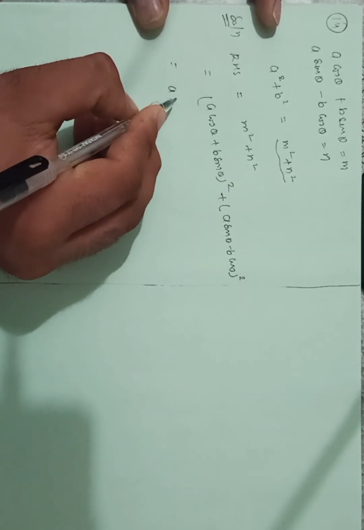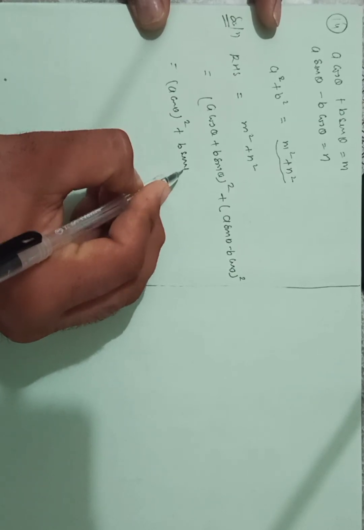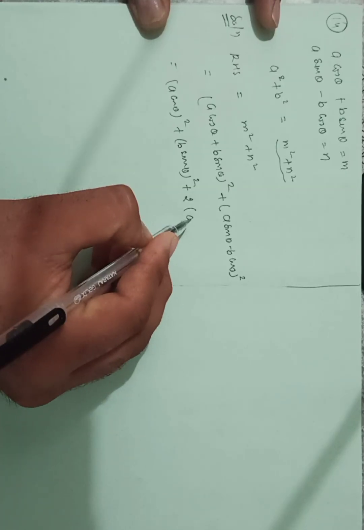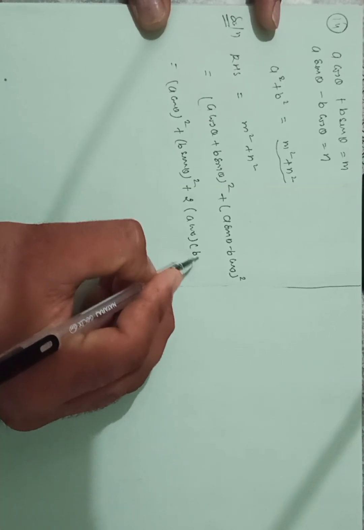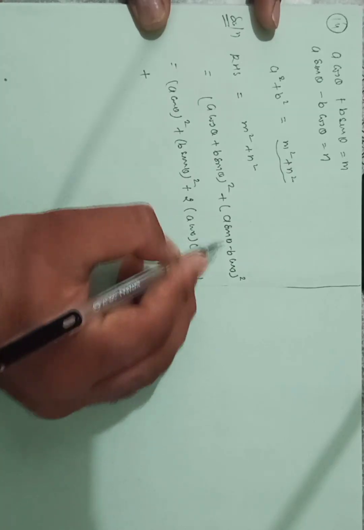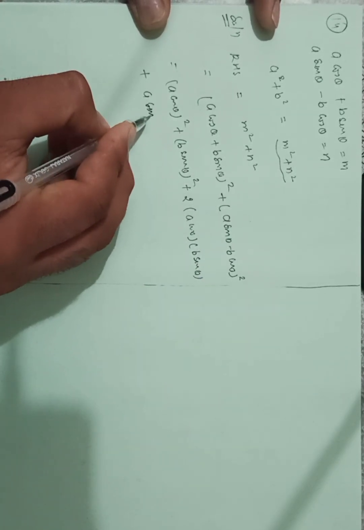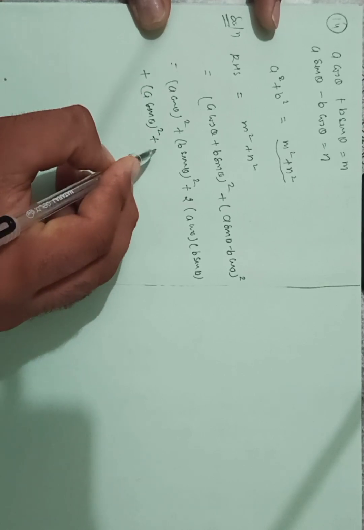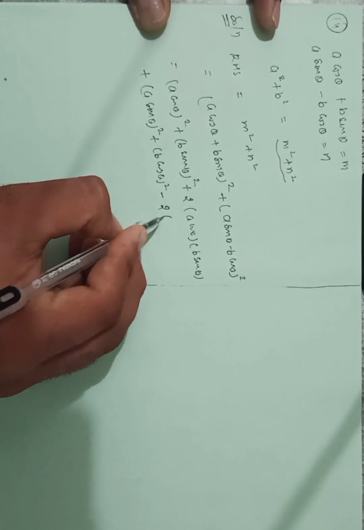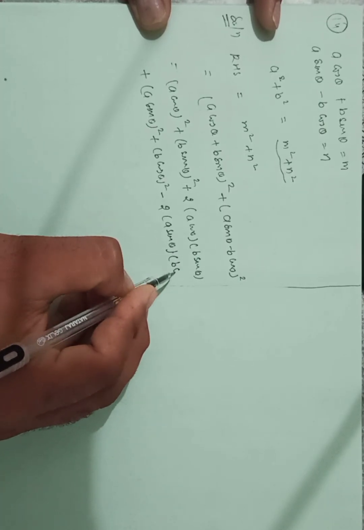This will become a cos theta square plus b square plus 2ab. Okay, similarly I'll open this bracket by using a minus b whole square. It will become a square plus b square minus 2ab.